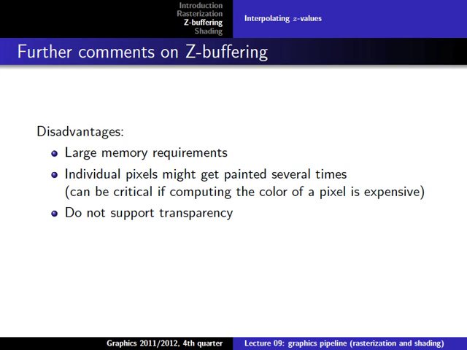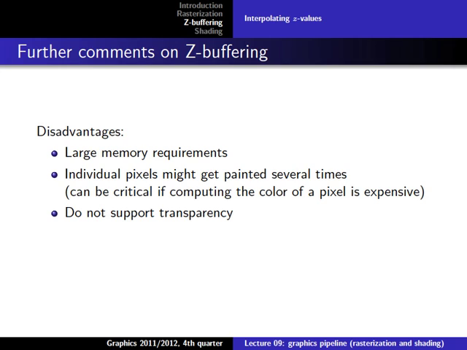That also motivates another disadvantage of the set buffer. Depending on the drawing order, it could happen that you overdraw an individual pixel several times. So you do a lot of unnecessary computation of color values, which might be computationally expensive, or you have to trade off whether it is more expensive to find the correct drawing order first and then only draw the first one, or risk calculating a lot of triangles that you then overdraw, so you calculate them but don't need them.